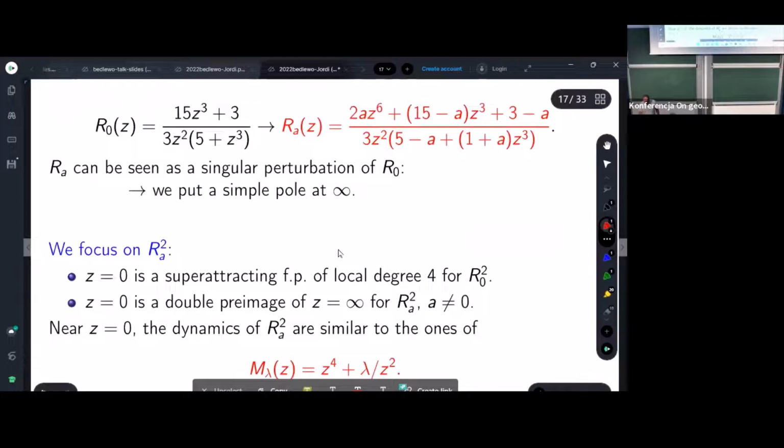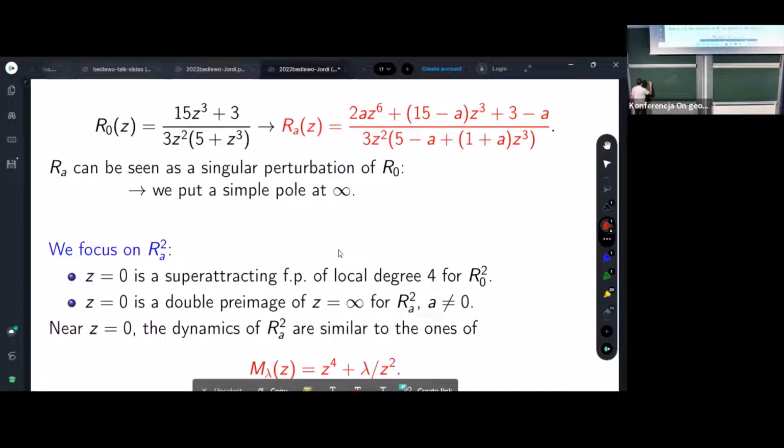Now we want to understand this from the point of view of singular perturbations. The idea is that I add a simple pole at infinity.